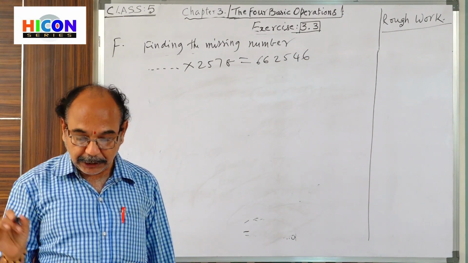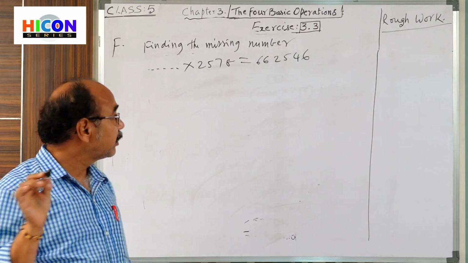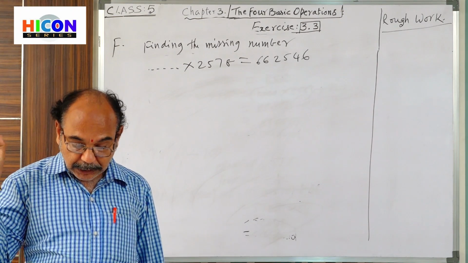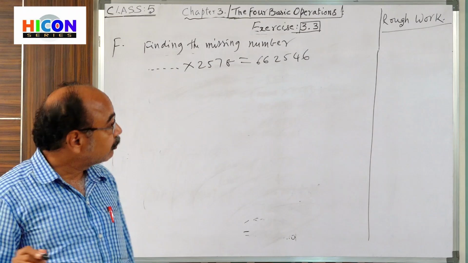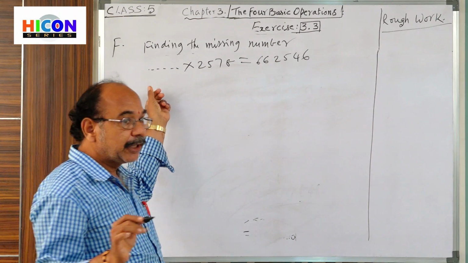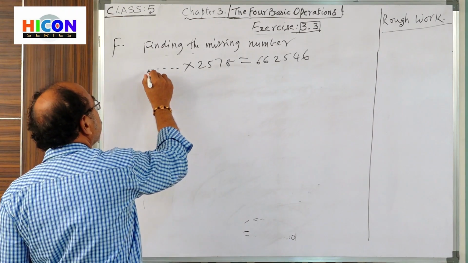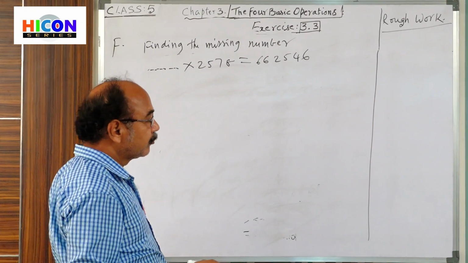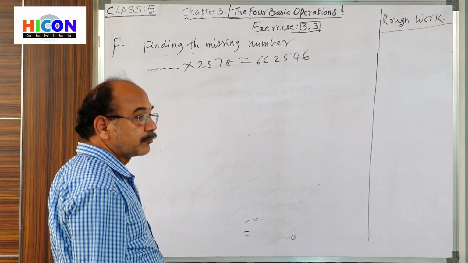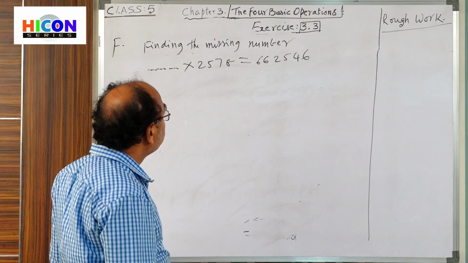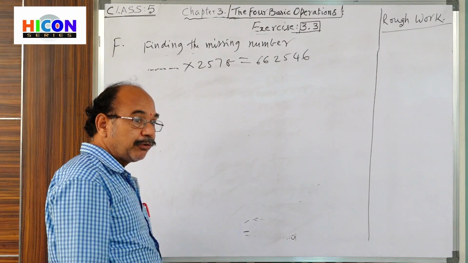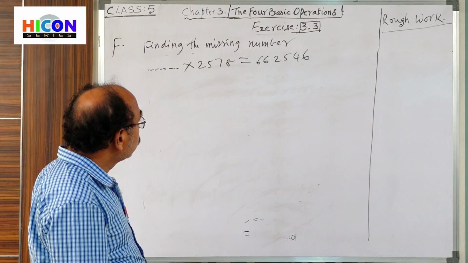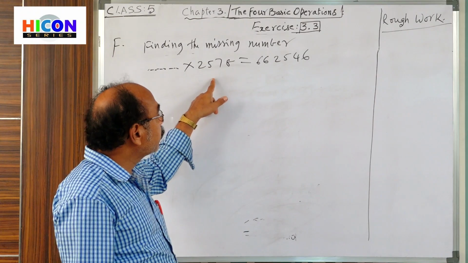Read the sum, children. Dash into 2578 is equal to 66,2546. What is the suitable number? We write it here, missing number. Okay, the missing number, how do you find it? I told you, first number into second number is equal to product.